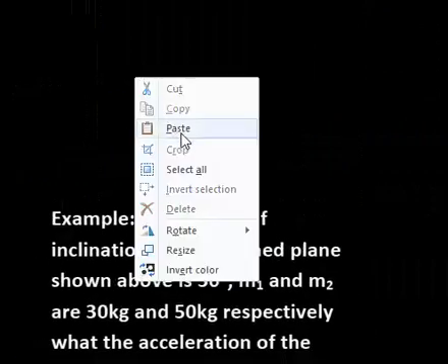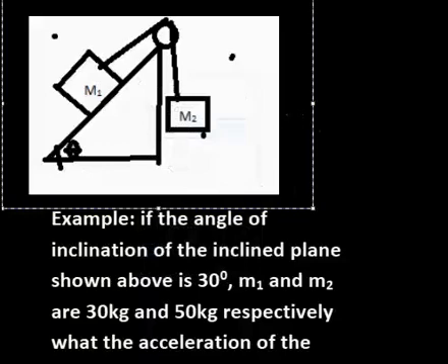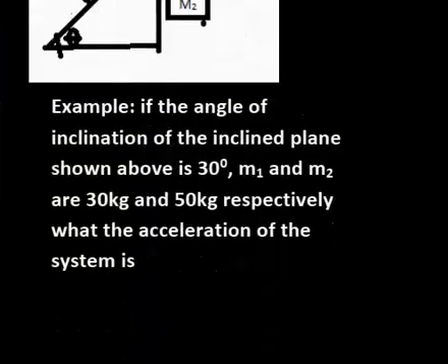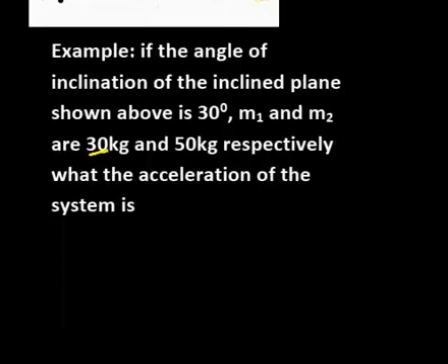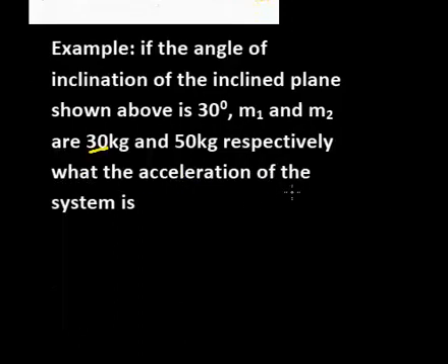So here we go. This is what you're looking at. If the angle of inclination of the inclined plane is 30 degrees, that means this theta is 30 degrees. M1 is 30 kg. M2 here, according to the question, is 50 kg. So the question now becomes, what is the acceleration of the system?